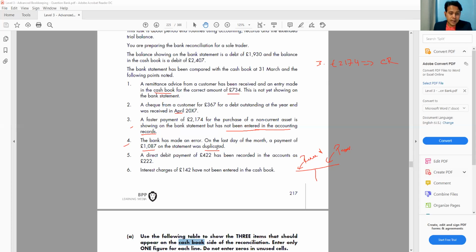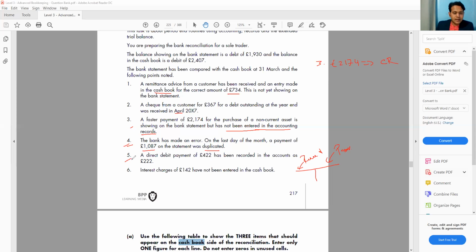If the bank makes an error on the bank statement, I cannot change my cash book, because I will not make the same error in my book. If the bank makes an error, the bank will correct it anyway. So this is not relevant to us. The bank balance will be changed, not my balance.